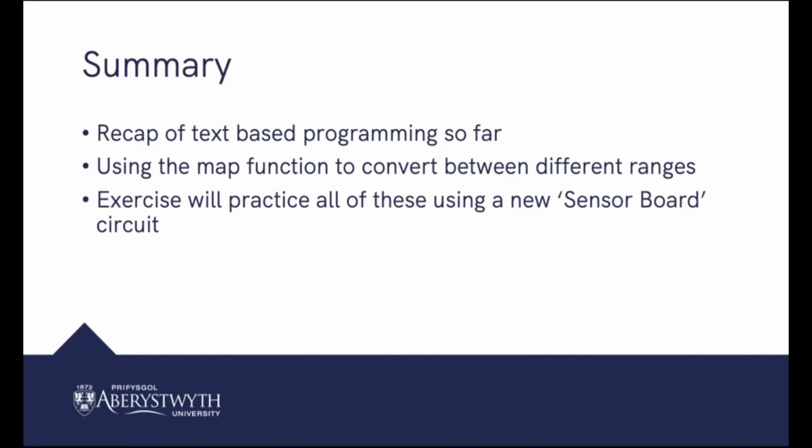For example, it might well be that we have a program that we want to be able to read from a sensor, and that will involve defining variables to record the pin for that sensor, setting the mode for that sensor, creating a variable to store the input from that sensor, and then having some condition, some if statement, to be able to decide what to do based on the reading from that sensor.